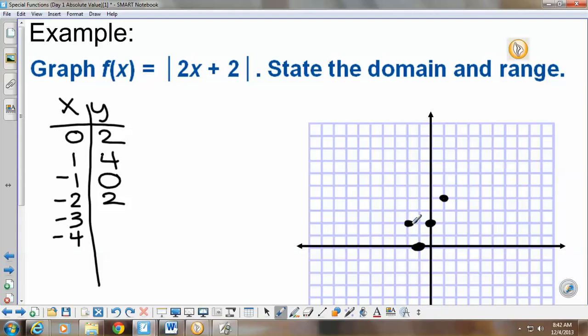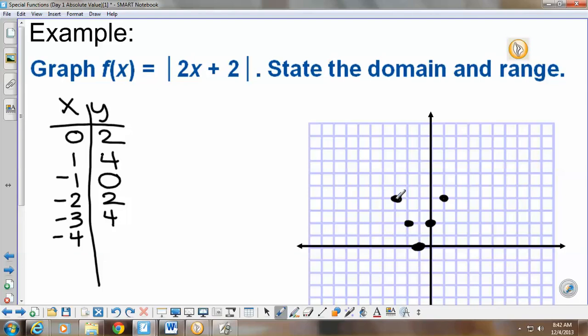Substitute -3 in. 2 times -3 is -6. -6 plus 2, -4. And the absolute value of -4? 4. So we have -3, 4. Substitute -4 in. 2 times -4 is -8. -8 plus 2, -6.